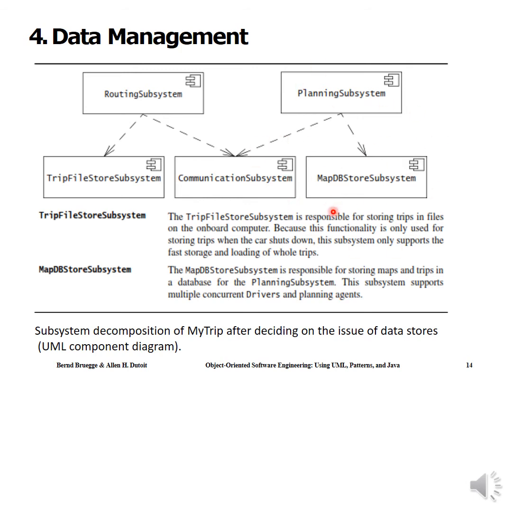So as you can see now, we have decided on two strategies to store the data, and it has an effect on the system decomposition: there is one subsystem for trip file storage, and another subsystem for database storage.